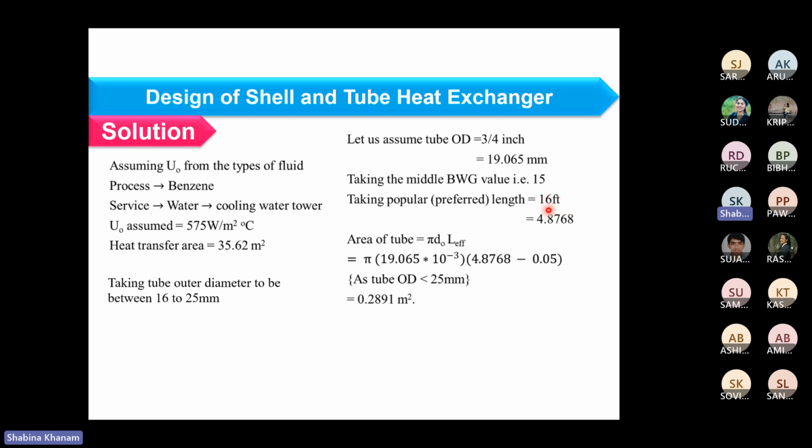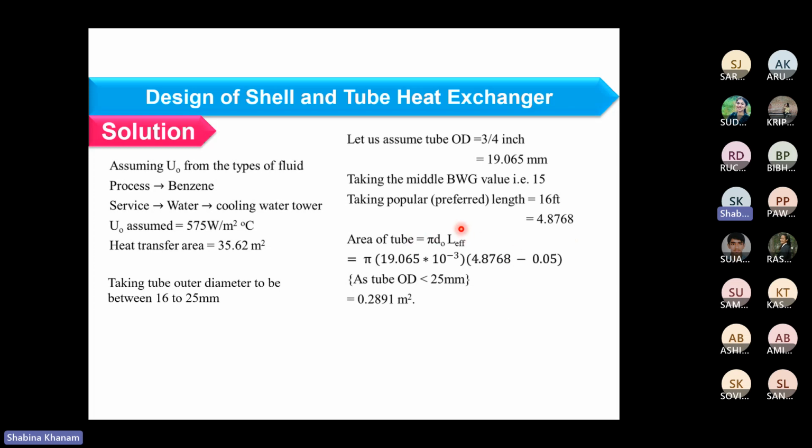You can start with 12 feet also, there is no problem, but it is preferred to take a middle value like 12 or 16, not the edge value, because the iterations would be more. If I consider this as 16 feet, conversion of that into meters will be 4.8768, and this is the length we are considering.